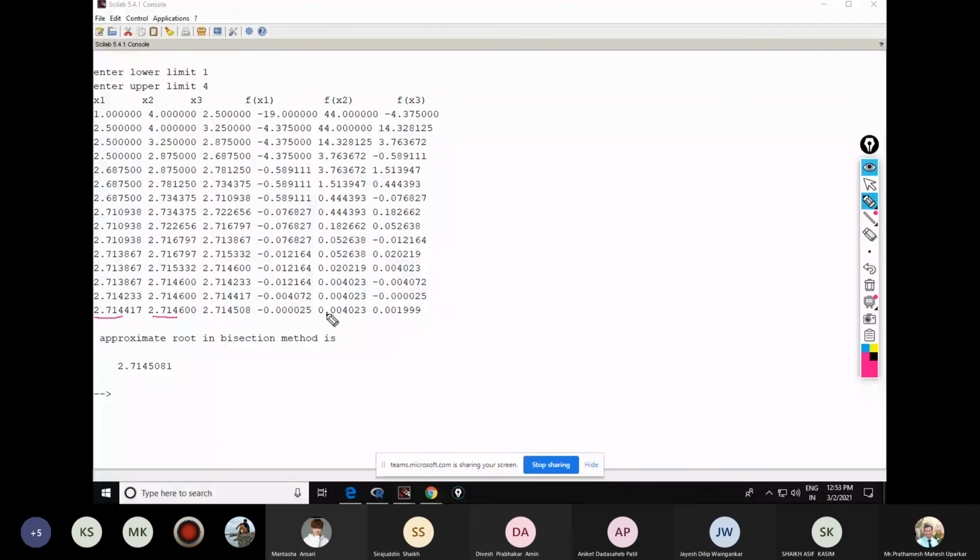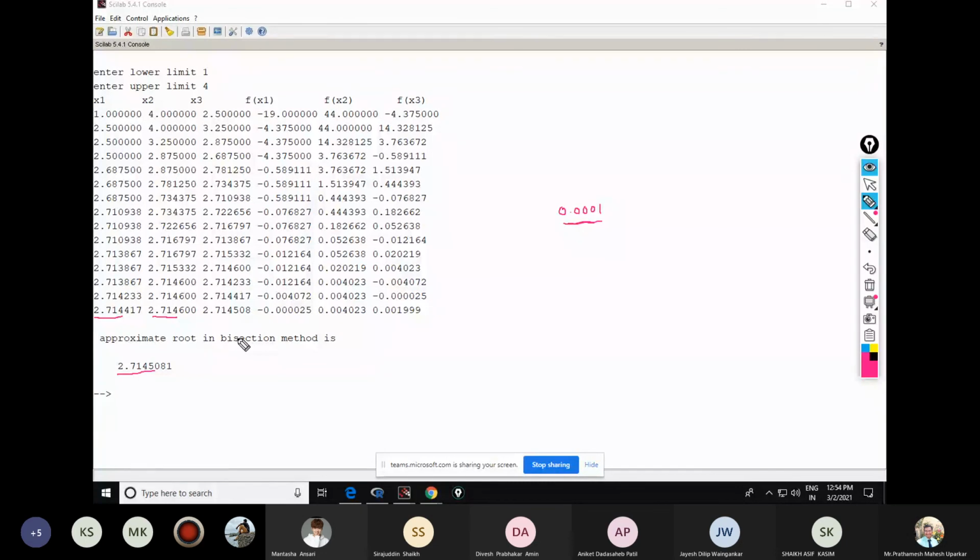The difference between two iterations, as long as 3 decimal points are the same, or the difference is within 0.0001, that is 4 decimal places, the answer should be correct up to 4 decimal places. So my answer will be 2.7145, because in the next iteration I was going to use either 7.744 or 7.445.